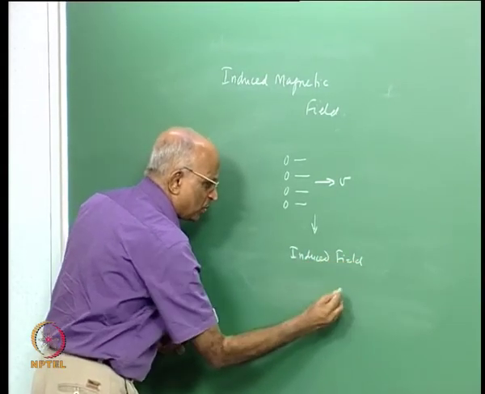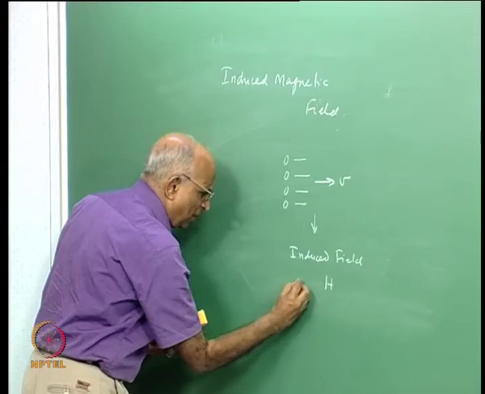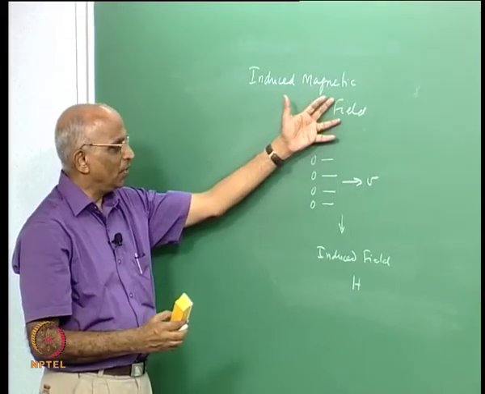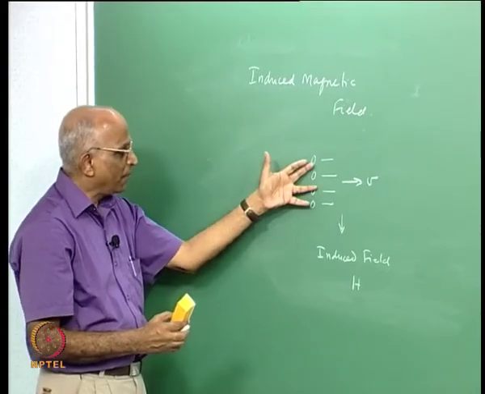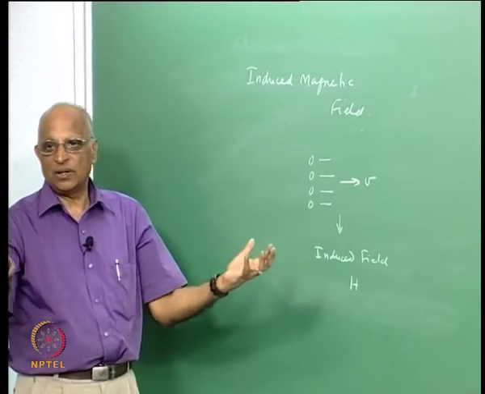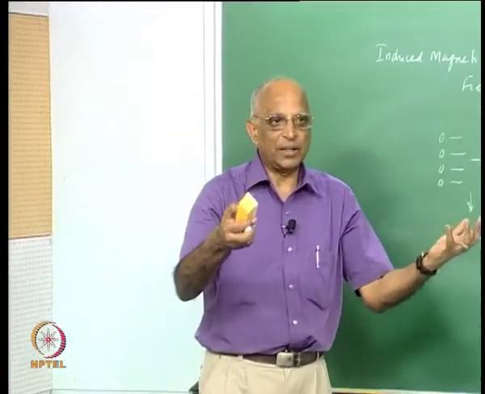In some textbooks it is denoted by H, but we will see what is the unit of this before we put the value down. All what we are saying is, it is not necessary that only a magnet can produce a magnetic field, we always talk in terms of electromagnetic field.